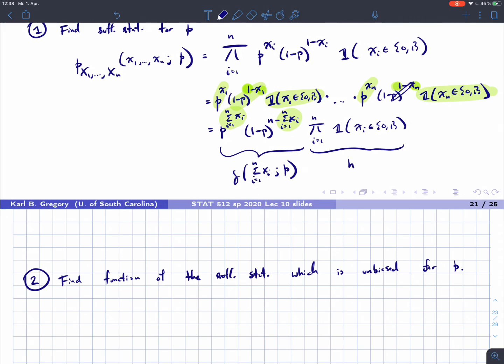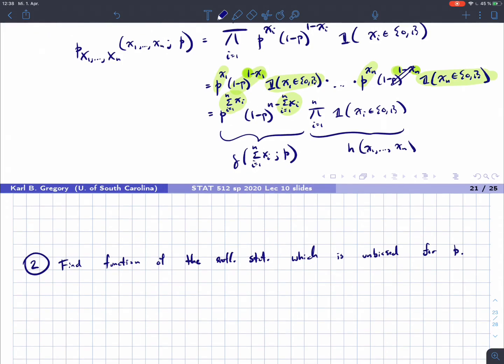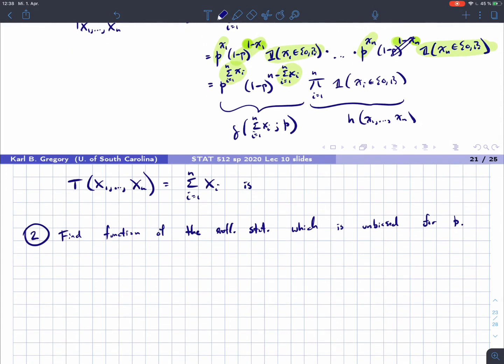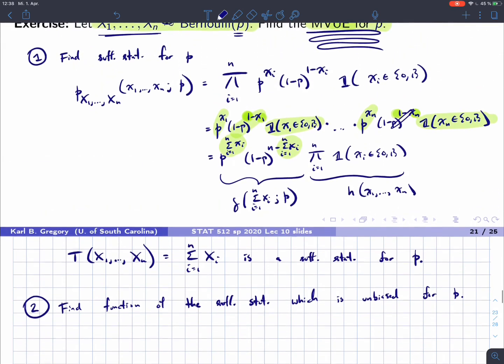And here is a function of just the data. And so T of x1 through xn, which is the sum of the xi's, is a sufficient statistic for p. Okay, so we finished step 1.